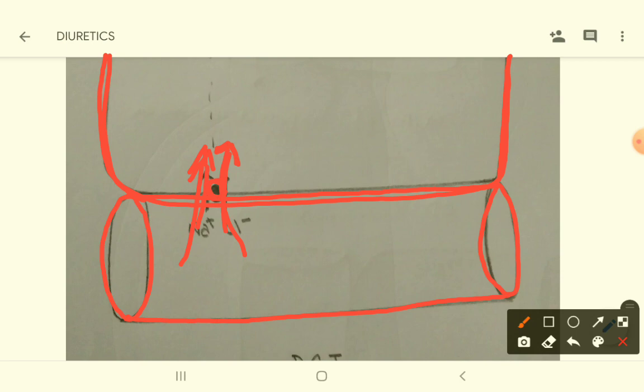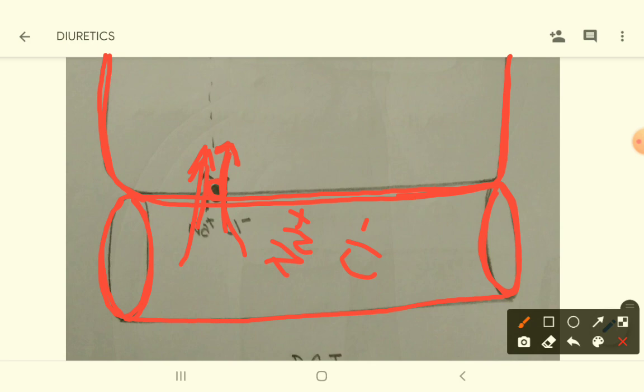That means sodium and chloride have to be reabsorbed from this lumen, through the distal convoluted tubule, through this epithelial cell into the bloodstream ultimately.